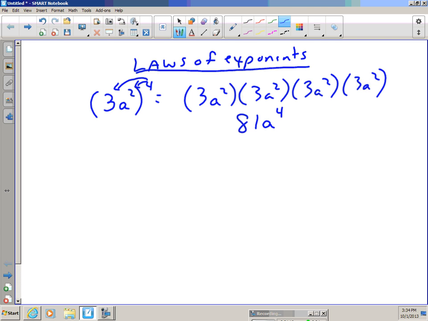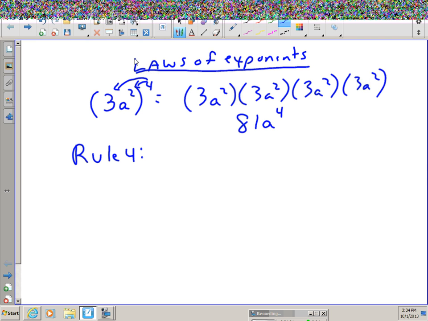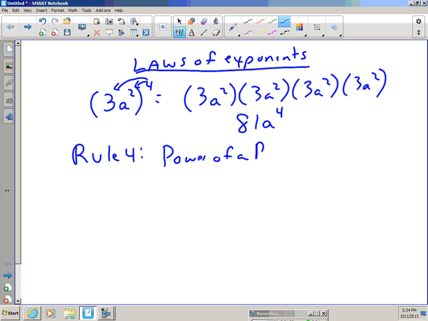So rule 4, which is called power of a product or quotient, tells us algebraically, if I have a times b to the m power, that's a to the m and b to the m.